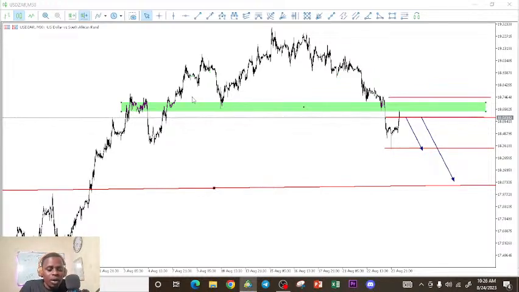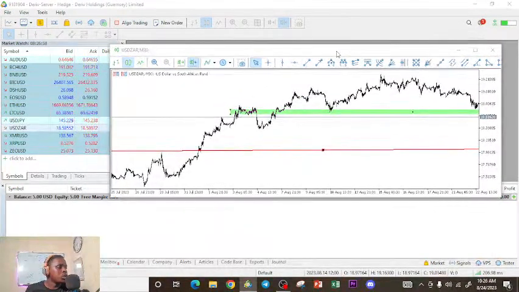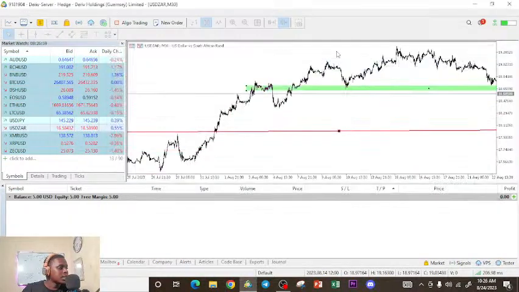Now, with that being said, these are the 3 Forex setups that I wanted to give you today, right? Now we are going to move on to volatility indices and synthetic indices. And before I do that, let me try to log into my account so that I will be able to place some trades with you.